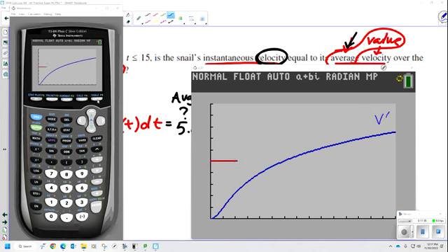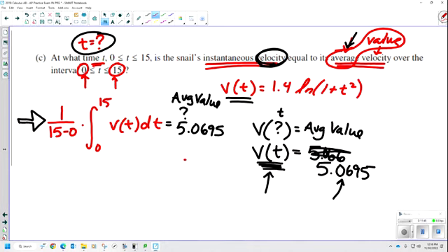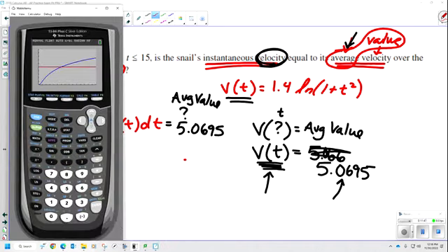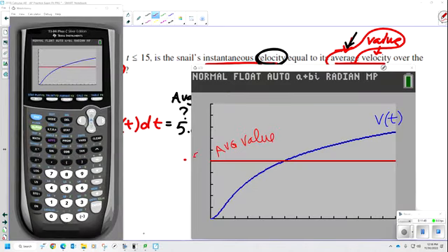This line is velocity. This is my v of t. And this is my constant. This is my average value. So I want to figure out, this was at 5.0695 right here. What value of time makes these two equal? Down here.